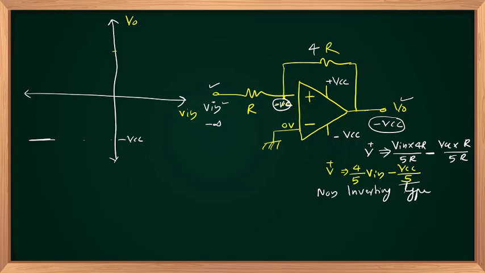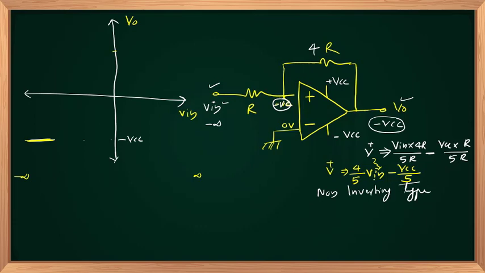So when V in is at minus infinity, V out is at minus VCC, and if you are moving from minus infinity to plus infinity, your V plus will become positive at some value of positive V in, because right now V in is negative, so V plus will also be negative.